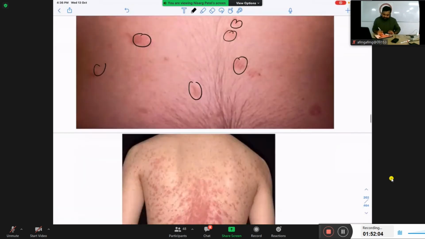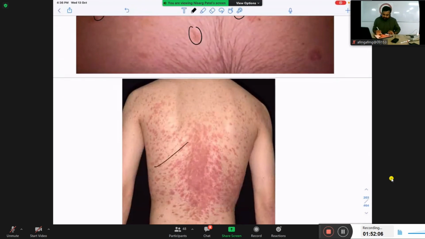After 1 or 2-3 months the lesions increase, with fewer on the periphery and maximum in the central area. This is known as the Christmas tree pattern.